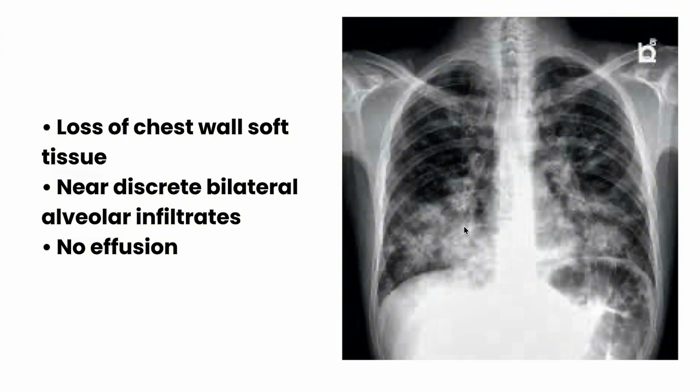But if you say they are discrete, then someone reading your report will say probably I'm in the subacute or probably a healing phase. And of course, it is important in these pneumonias to look at the other complications, and one of them is a pleural effusion or a lung collapse, so it's good to include it there as a negative.